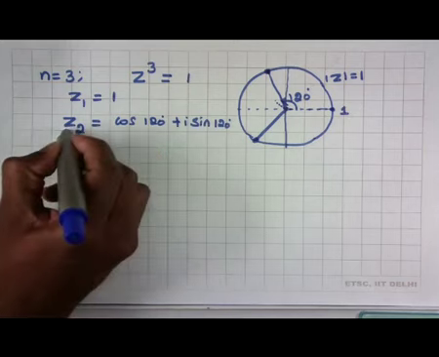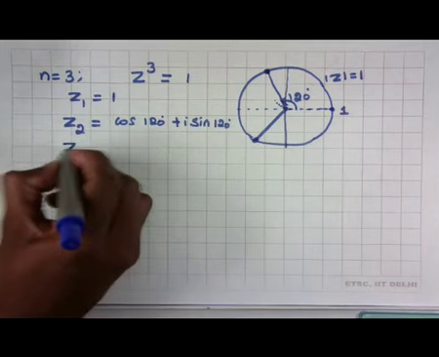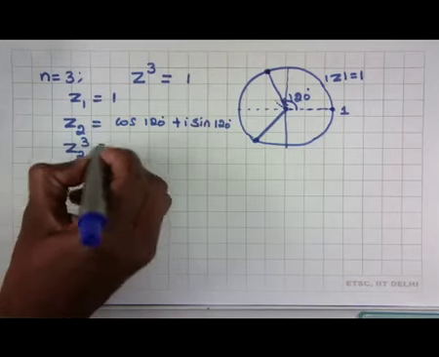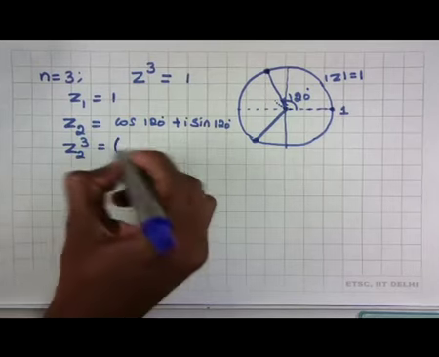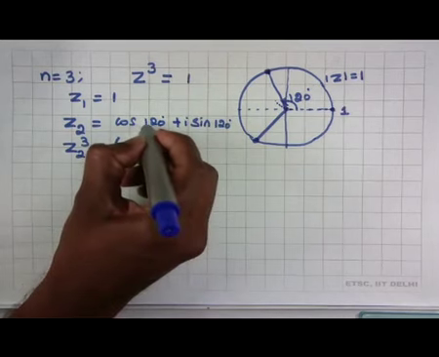Now, if you raise it to the power 3, by de Moivre's formula, the power will be multiplied to the argument.